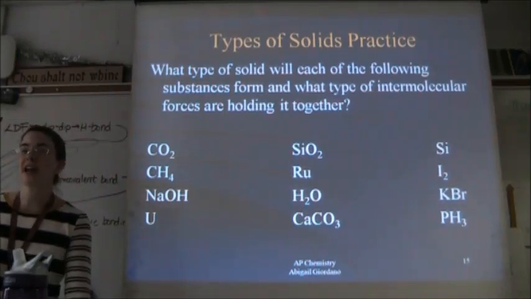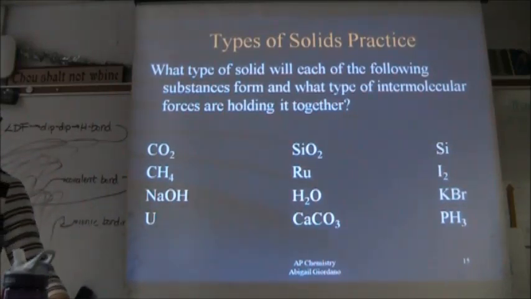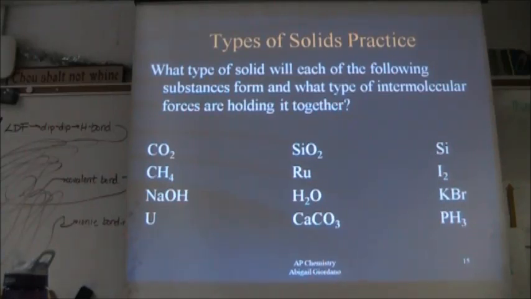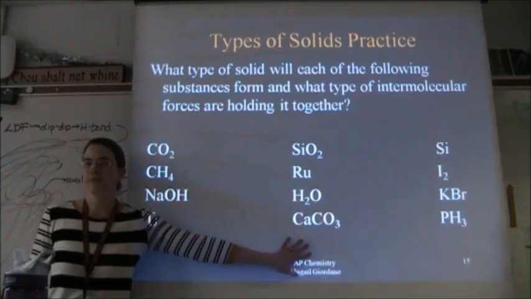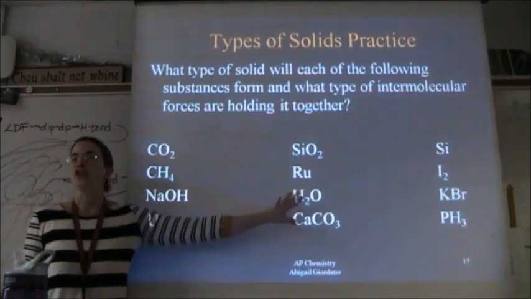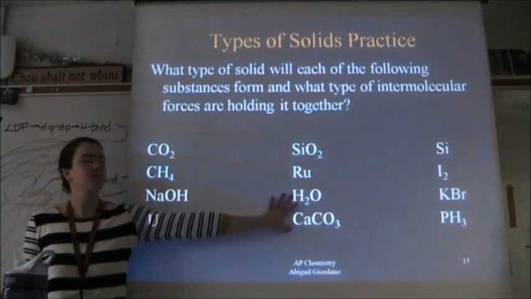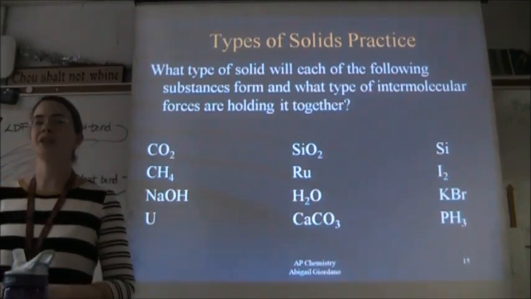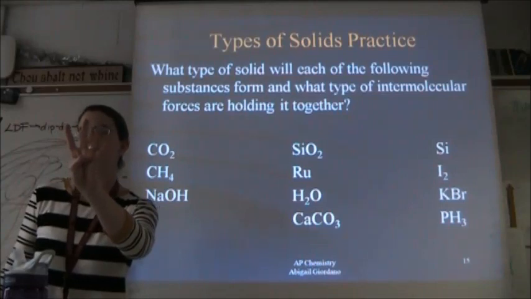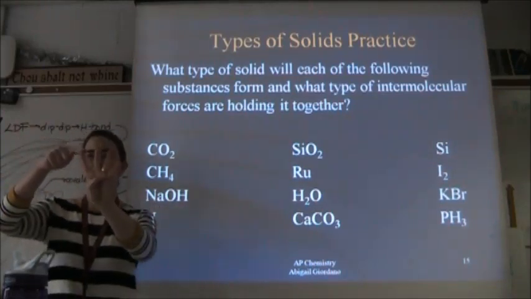Here is your last task, ladies and gentlemen. And if you finish it, then you can play with the powdered graphite if you like. Here's what I am asking you to do. For each element or compound, I want you to tell me what type of crystalline solid it is. Remember the 4 choices. Ionic.